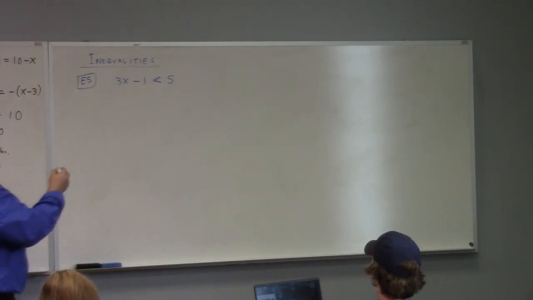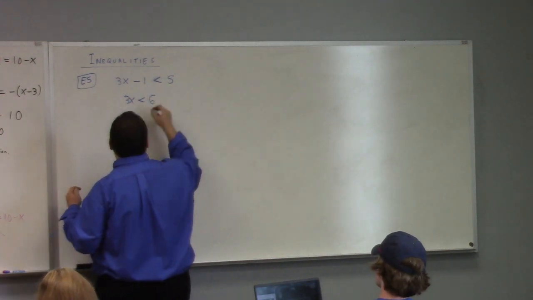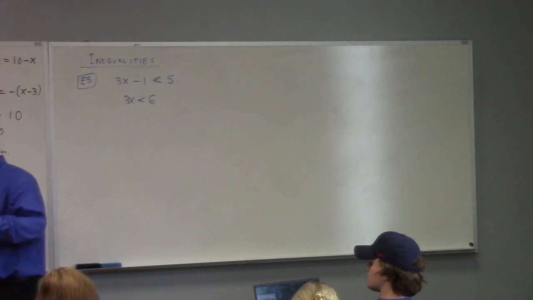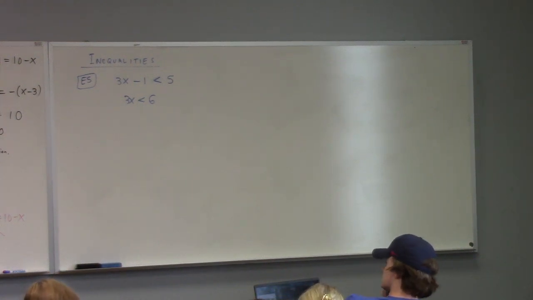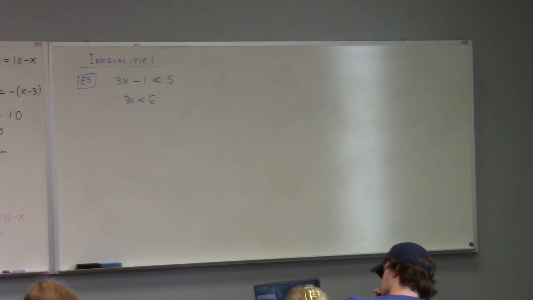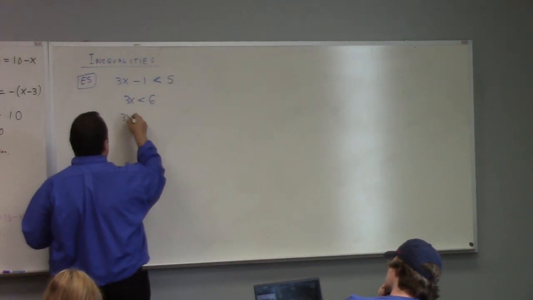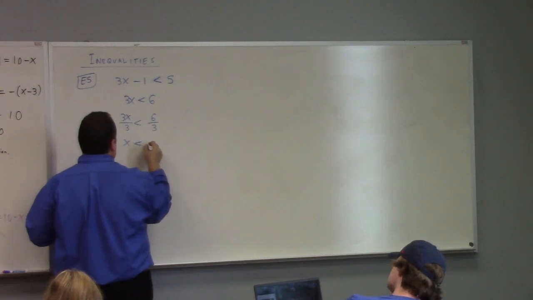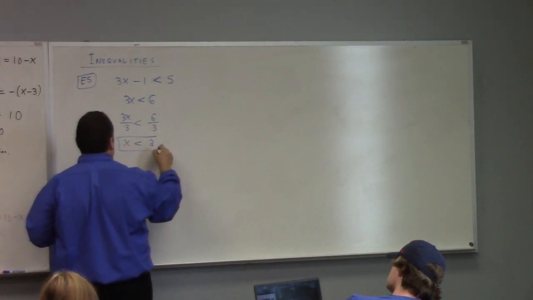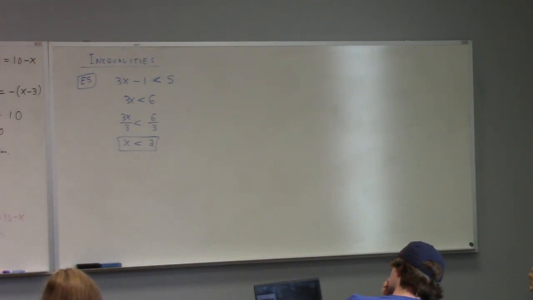What's that give us? 3x less than 6. What else can I do with an inequality? I can divide by a number, right? If that number is positive, we just divide by it. So dividing by 3, I get 3x over 3 is less than 6 over 3, which is to say x is less than 2. So that right there is one description of the solution.